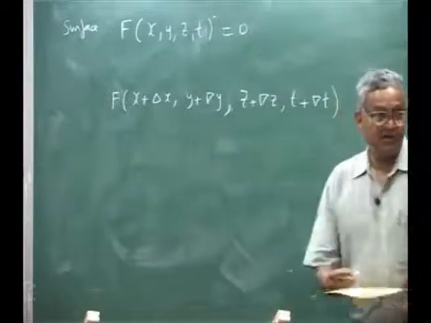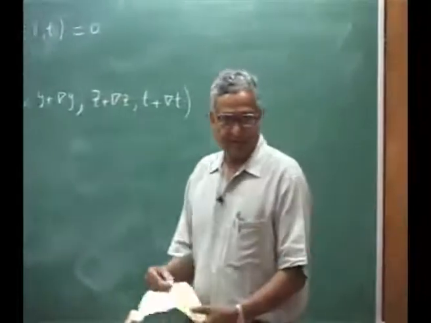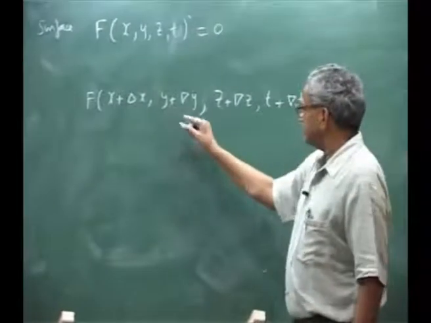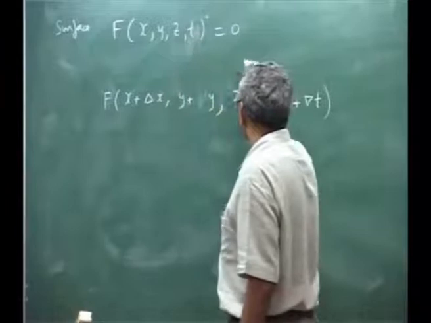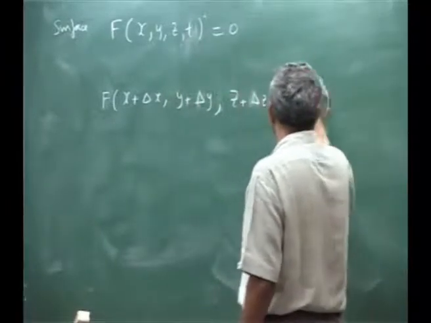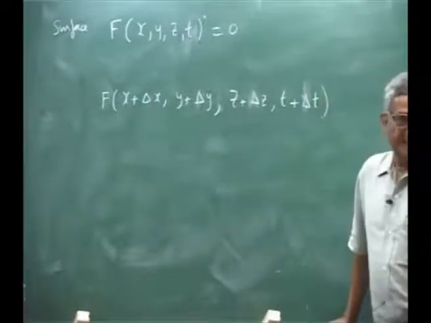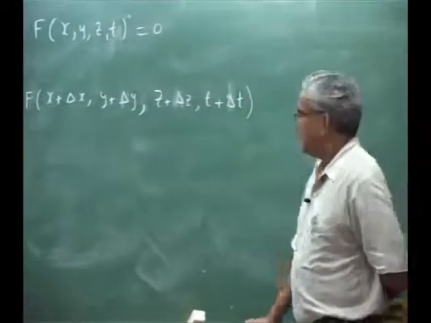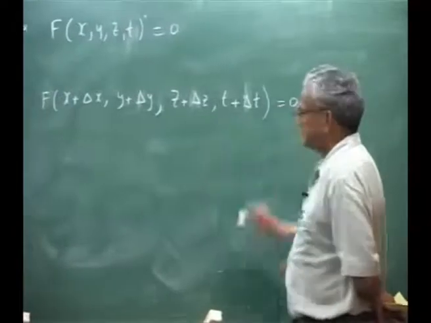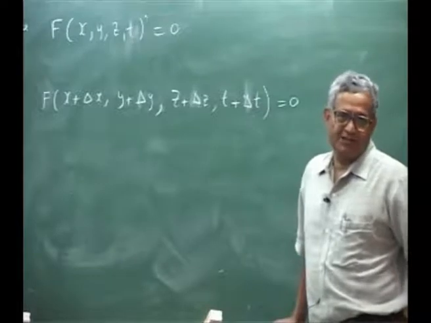Because in a small time increment, I am getting another surface. Now this is also 0, because after some time the body surface I am describing by another equation.